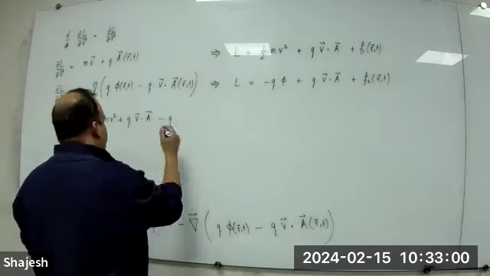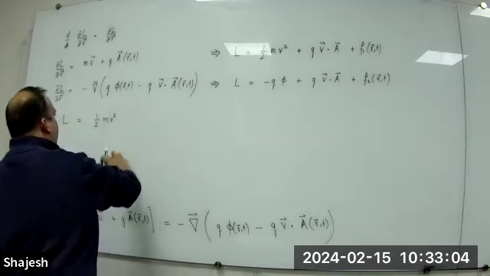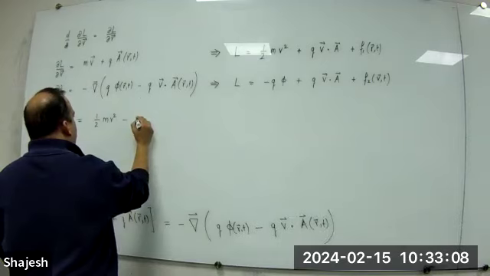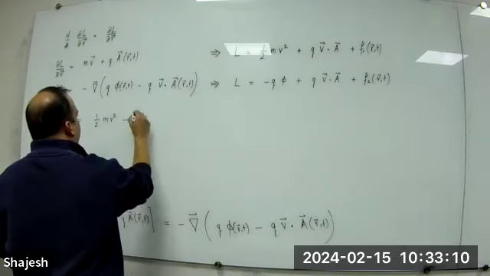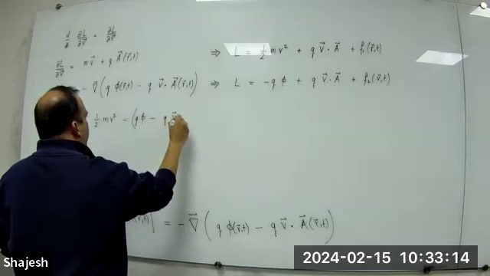Let me not change. So minus of q phi and minus of q v dotted with A.